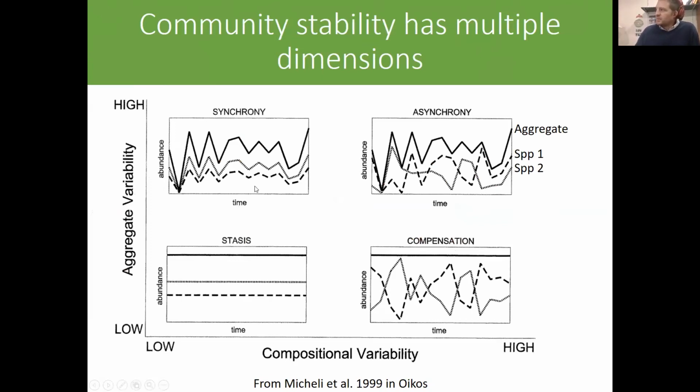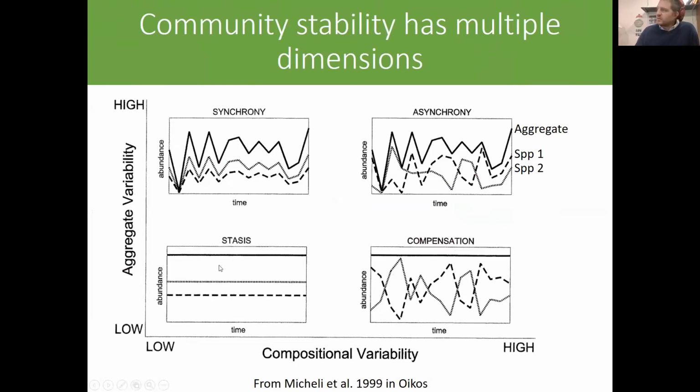So they have these four examples or reference points within this aggregate variability and compositional variability space. And so if both species remain static, the total compositional and aggregate variability is relatively stable.